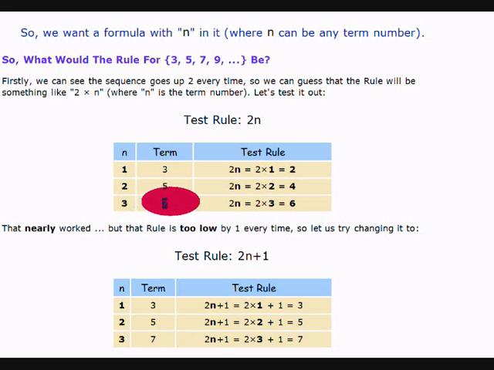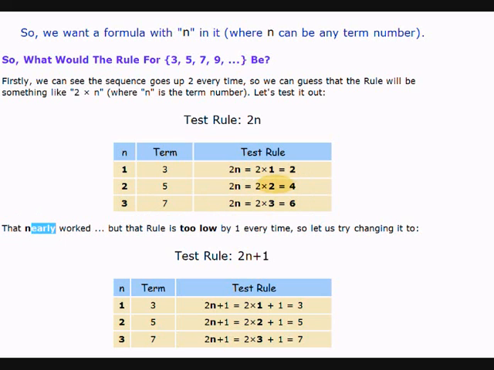So here it is 7, but the test rule is 2 into n, where n is going to be 1. We have created a test rule, 2 into n.